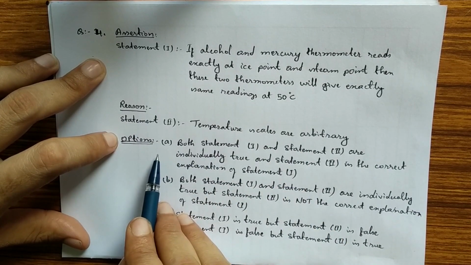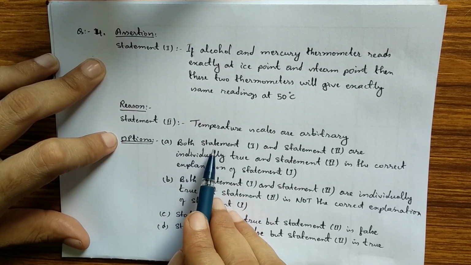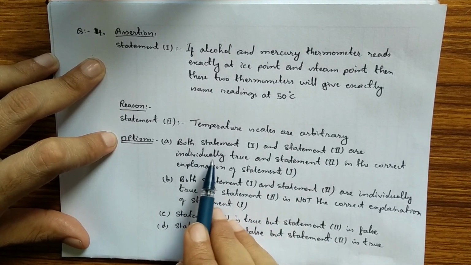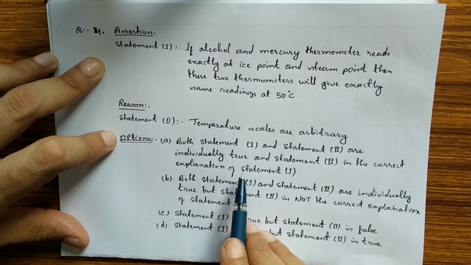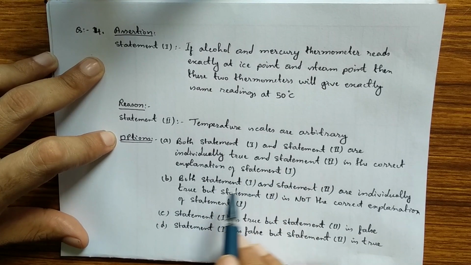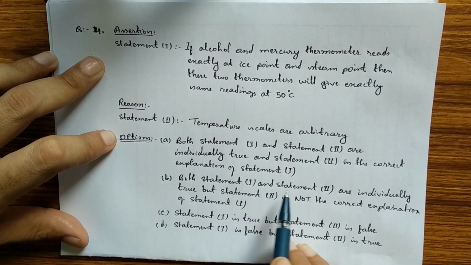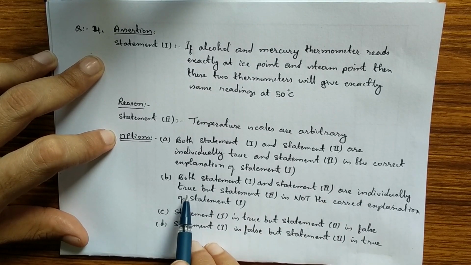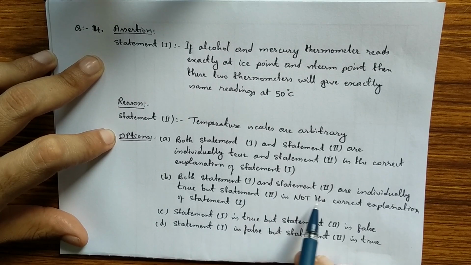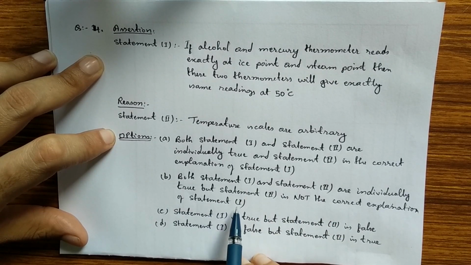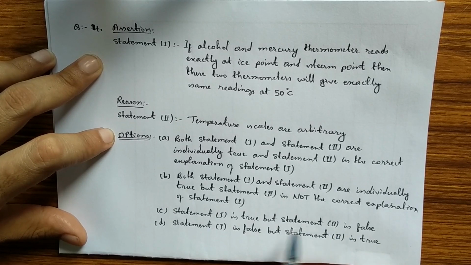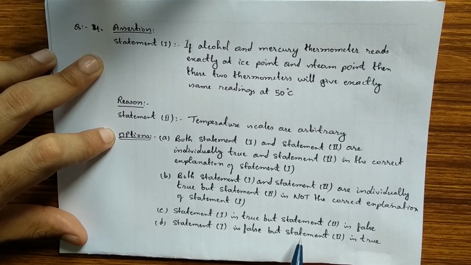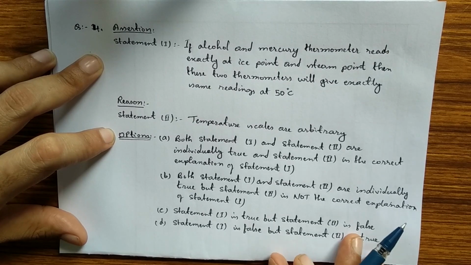The options are: first, both statement 1 and statement 2 are individually true and statement 2 is the correct explanation of statement 1. Second, both are individually true, but statement 2 is not the correct explanation of statement 1. Third, statement 1 is true, but statement 2 is false. Fourth, statement 1 is false, but statement 2 is correct. So this is the question.